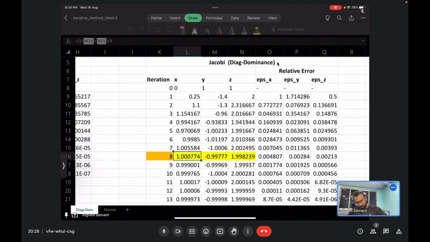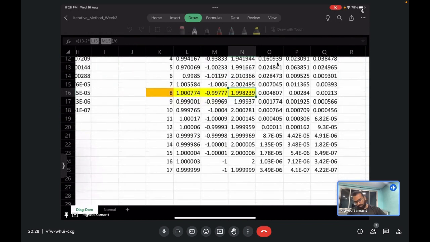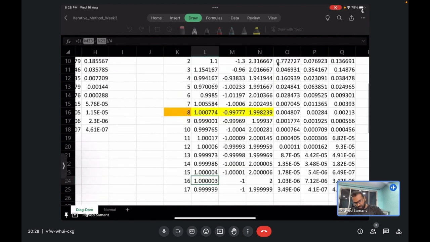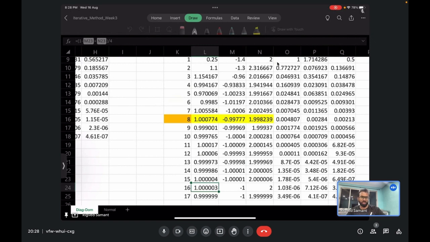There you are getting the actual values. So this is 1, this can be considered as minus 1, and this can be considered as 2. Even if you keep on repeating, there is only a marginal difference. So it's a futile activity to go from 8 to 16 just to get this much accuracy.